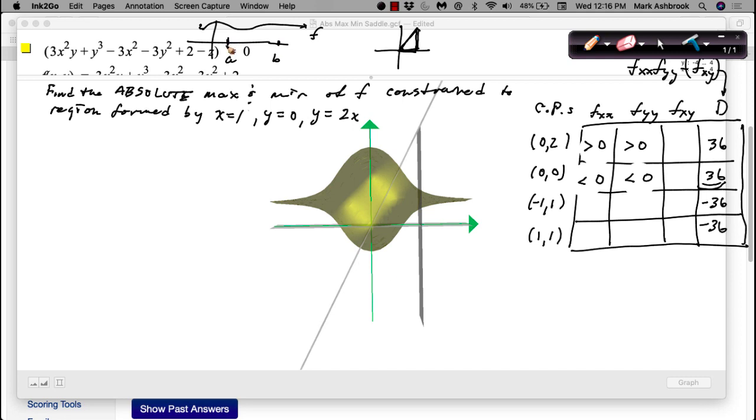So checking points A and B is like checking what in this scenario? So this is like the endpoints or the boundary of the interval? So what's my endpoints or boundary of this region?